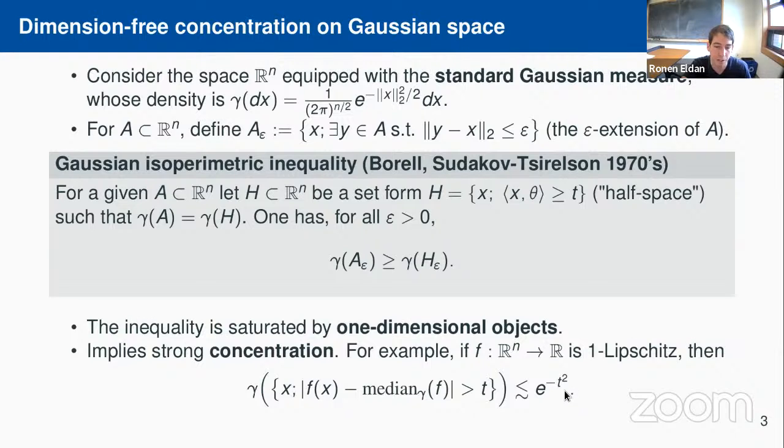So Lipschitz functions are very concentrated around their mean, and it's actually not very hard to check that the extremal cases for this inequality are linear Lipschitz functions, which basically, again, are one-dimensional.